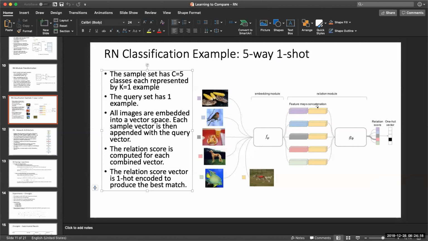Whereas the query is concatenated with all the samples to form a larger vector, so it doubles the size of the vector. And then that undergoes this relation module transformation to produce a relation score.